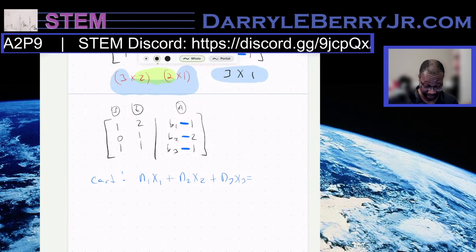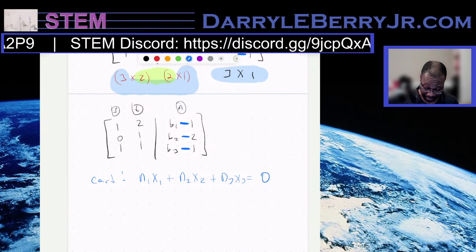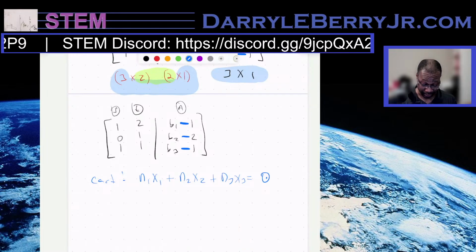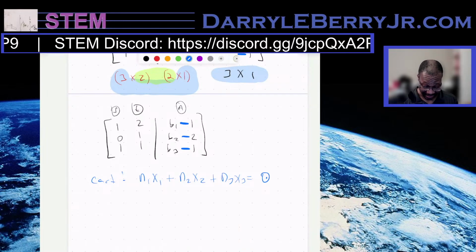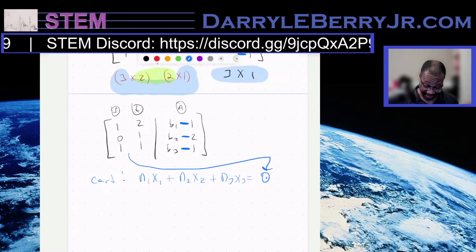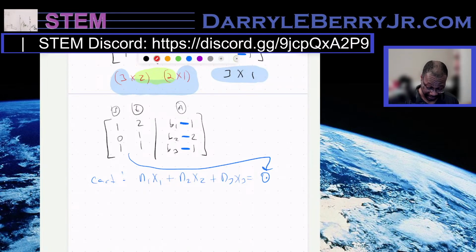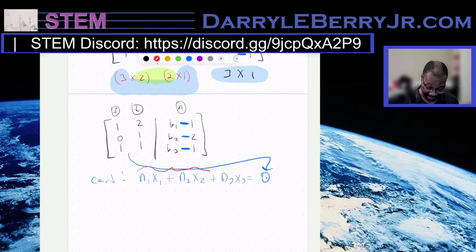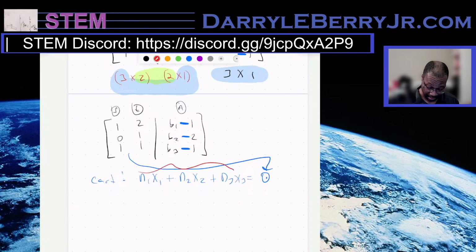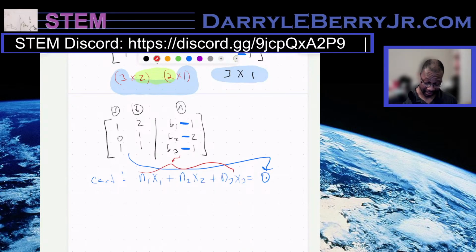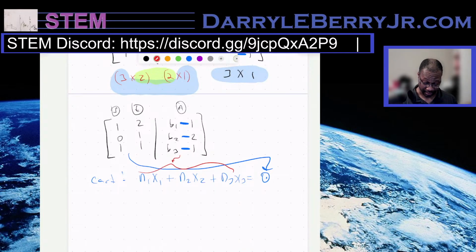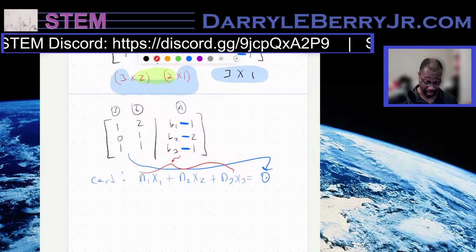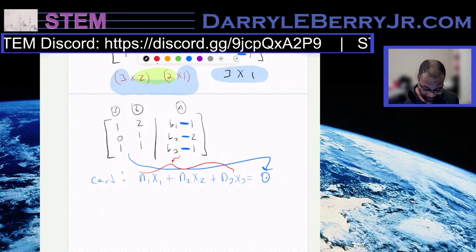So this is what I want. I want to reduce this thing to the point that all of that will equal 0, which means I need 0 on this side, and everything on this right side will be on the left side of the equation. So that's what I'm trying to do here. We're going to do that and see what we get.